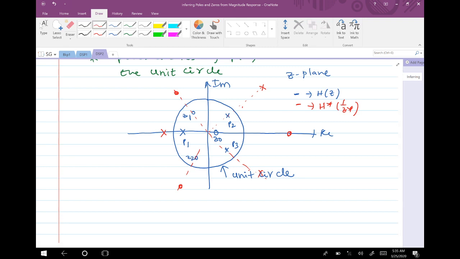Now, what has resulted, this p1. We were starting it from 1 subscript, so let's do the same thing just for the sake of consistency. So this is z1, z2, and there is one more here, this is z3.